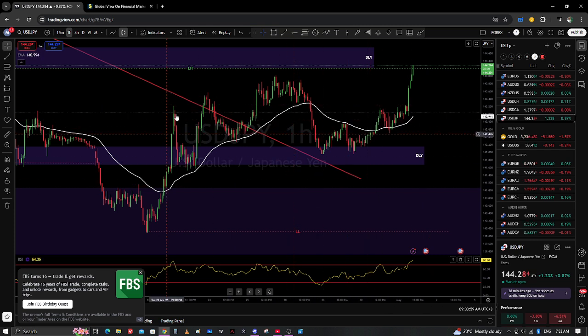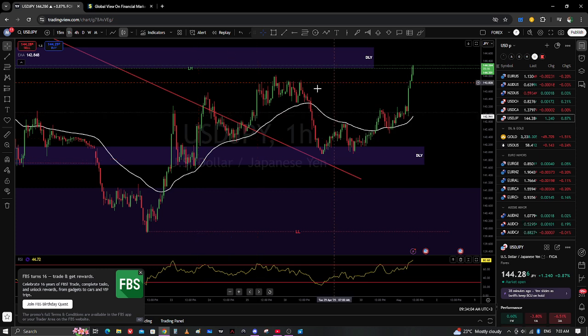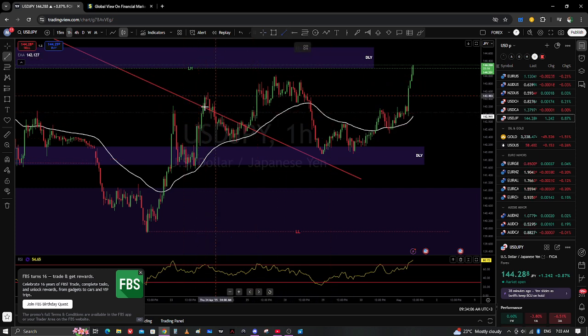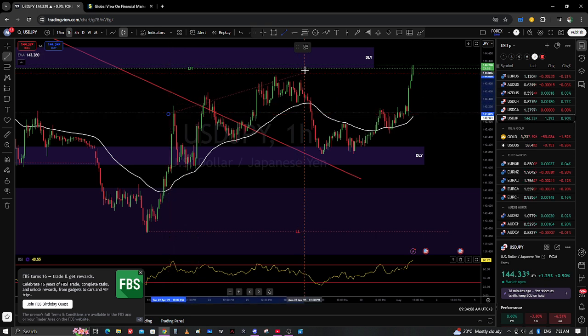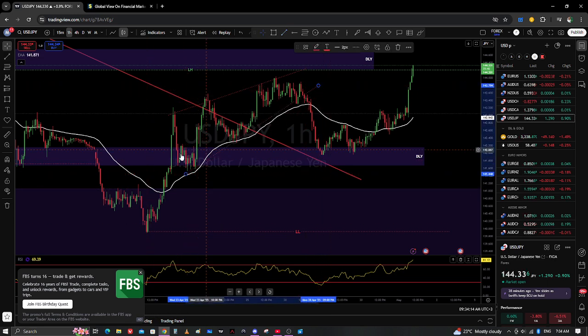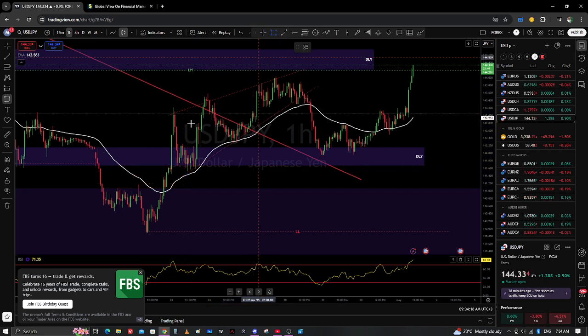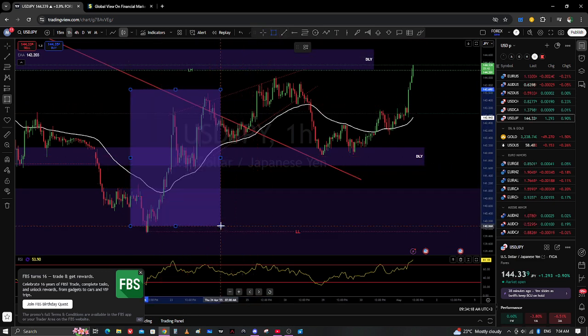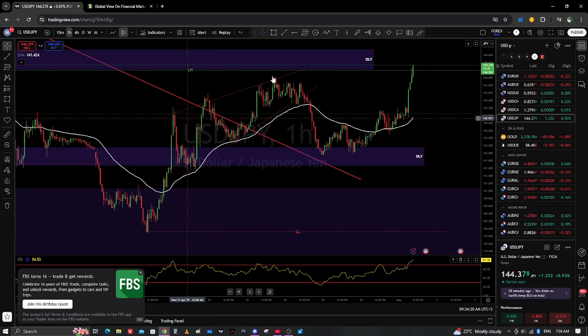So we have found out that it's pretty much a setup, because if you look at what the price action is doing here, this is a rising wedge. There is a setup to be held here in this area, right?